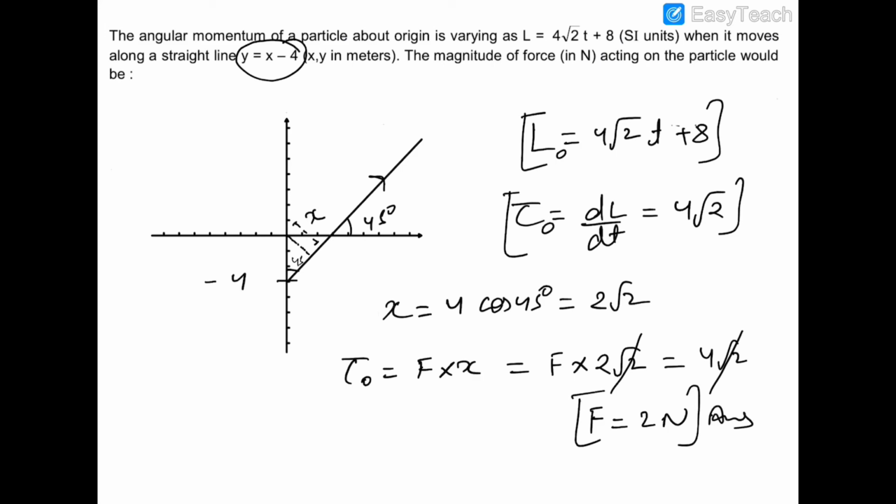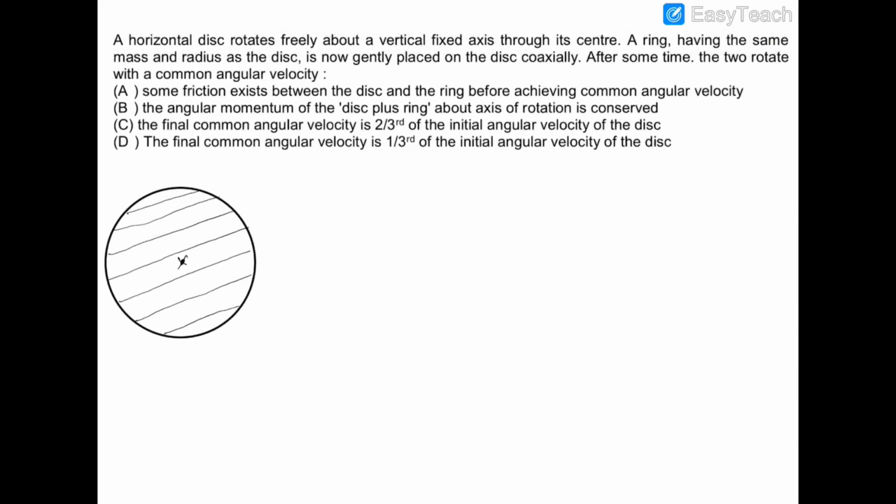Now we move on to the next question. In this question, it is given that there is a horizontal disk which is rotating freely about the vertical axis passing through the center, this axis. And there is a ring of the same mass and same radius which is kept on this disk like that. Now we have to find the new angular velocity of the system.